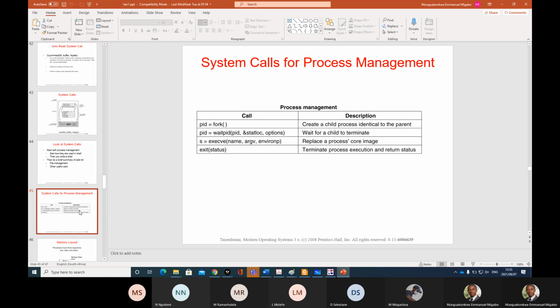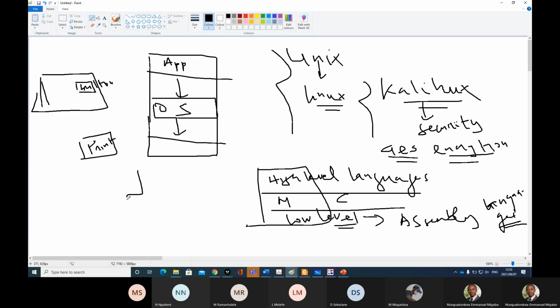So typical ones include what we call fork, and the purpose of this system call when it comes to process management is to create a child process identical to the parent. The name of it makes sense because that's how a fork looks.